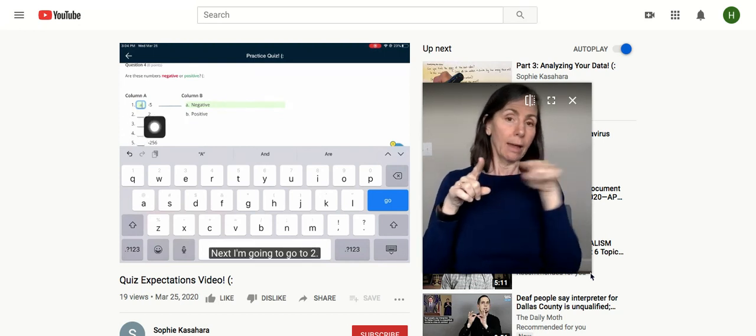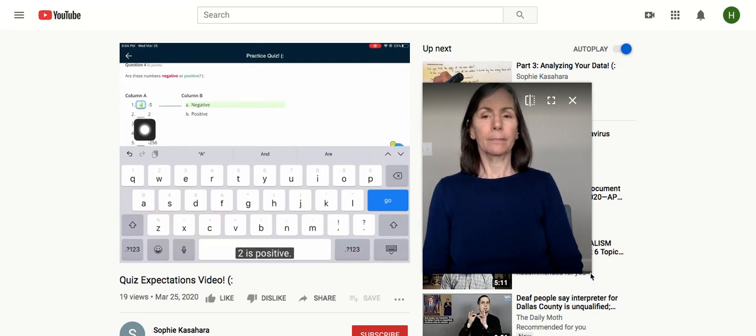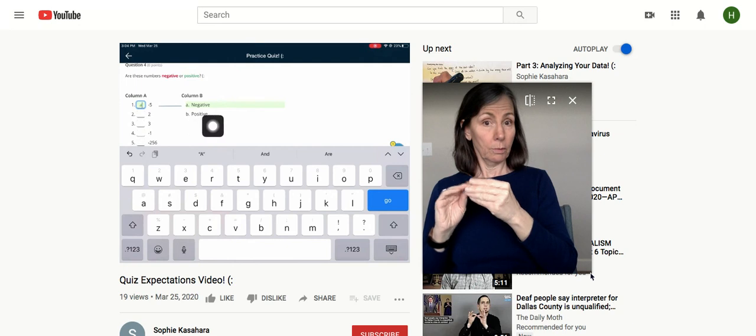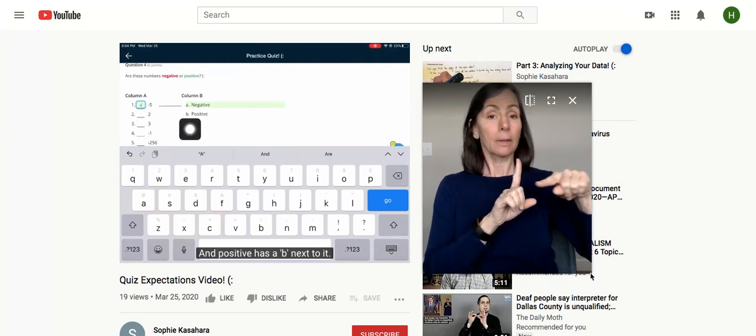Next, I'm going to go to 2. 2 is positive. And positive has a B next to it.